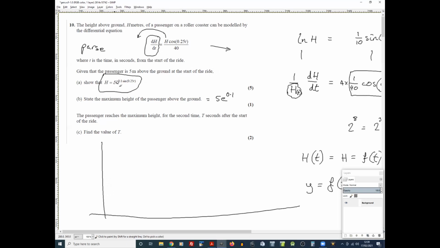So you have to go up 5 meters just to get on it, right? And then surely you go from 5 times e to the 0 up to 5 times e to more than 0. So you are going up before coming down.